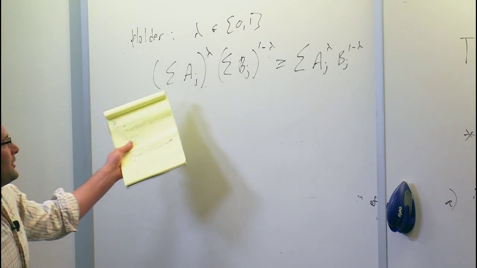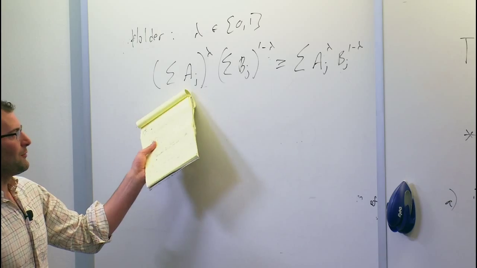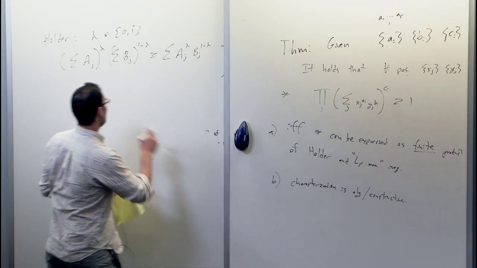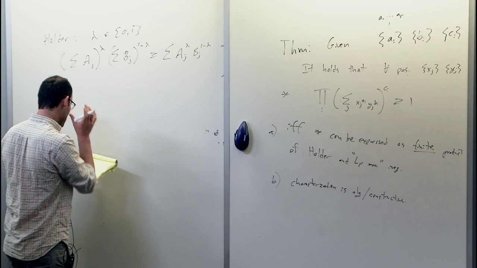Of course we can put any combination of powers of x and y in for the a's and b's. What does this mean?